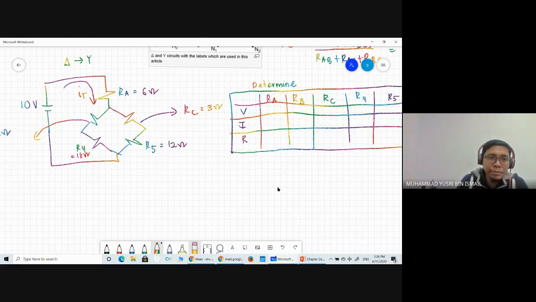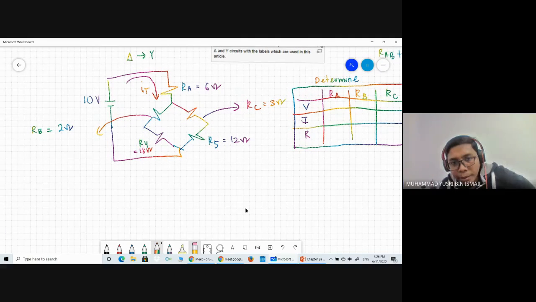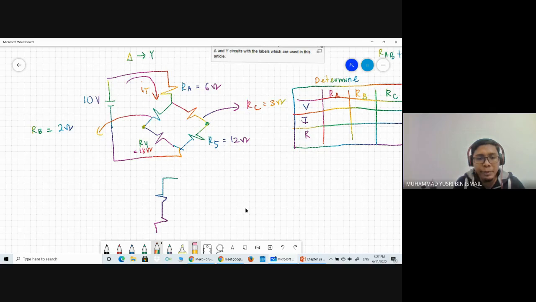In order to determine I total, first we need to combine in parallel: RB in series with R4, and then in parallel with RC and R5. Do you see why it is parallel? Actually the circuit looks like this, to make it easier to see. Sometimes circuits have a lot of tricks. The knowledge is very fundamental, but what we need to master is the tricks.